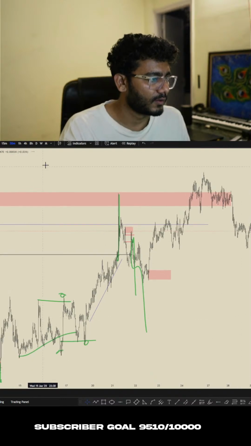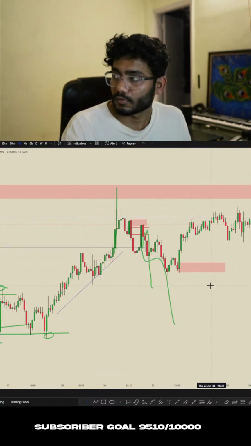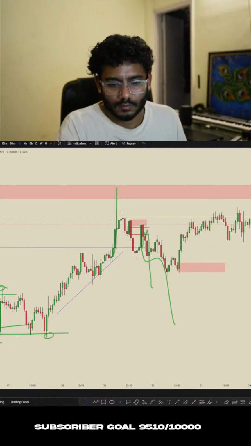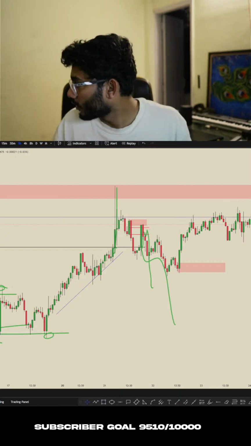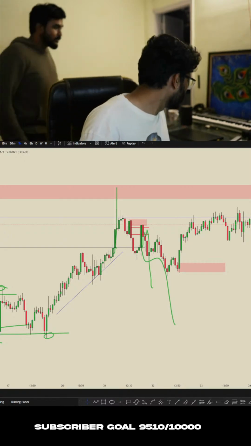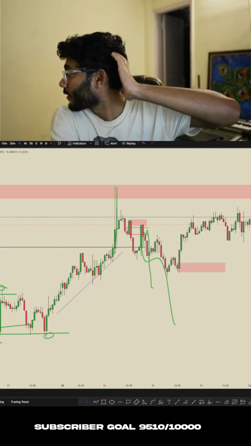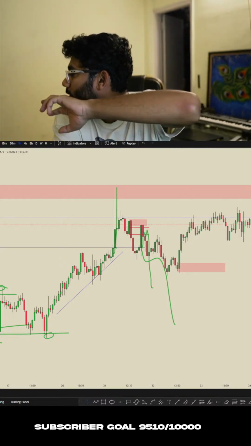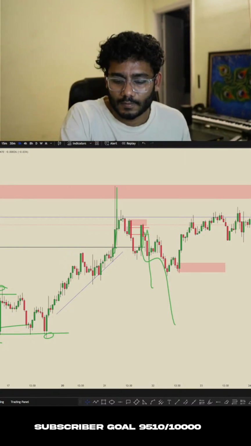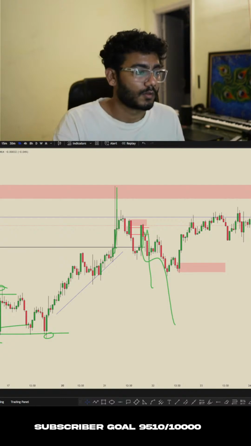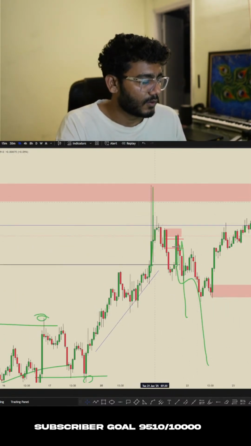On NZD, here this one is... so we got reaction from this order block.